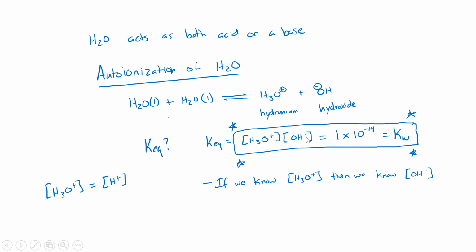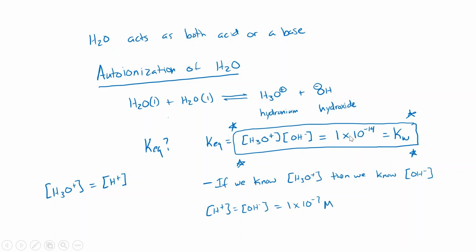The other thing that we know is if these two things are equal, so if the concentration of H plus equals the concentration of OH minus, then that means that both of these have to be 1 times 10 to the negative 7th. And the units on this are molarity. That's just because when we multiply them together, we have to get 1 times 10 to the negative 14th.